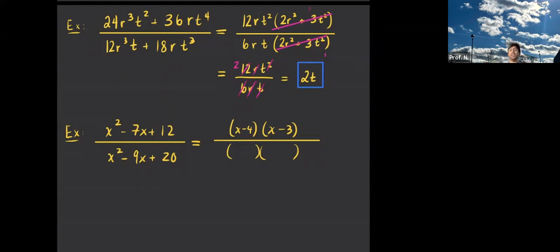Anybody? X squared minus 9x plus 20 can be factored to what? X minus 4. Thank you, BB. X minus 5. That's right.